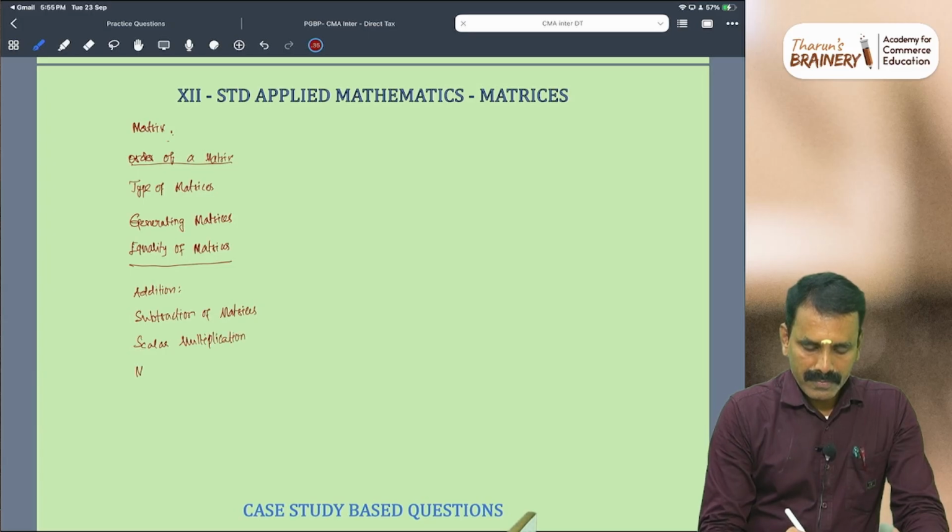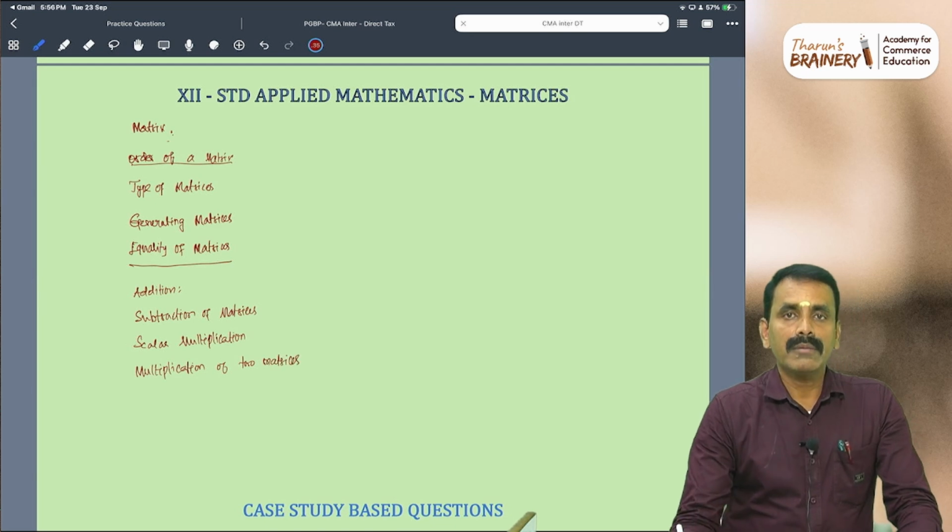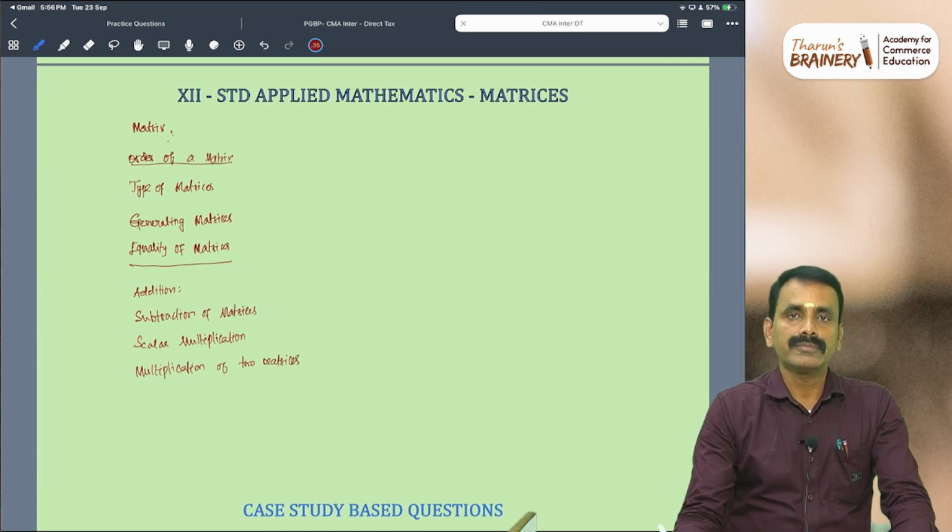Then multiplication of two matrices. When can we multiply two matrices?